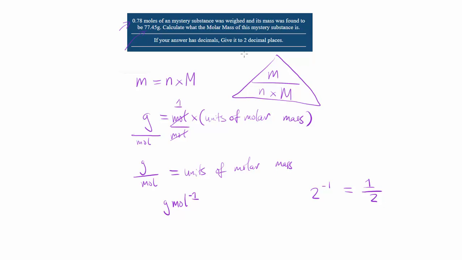Anyway, so now applying that to this question, we're trying to work out the molar mass. What we're going to need to do is divide the mass here by the moles.